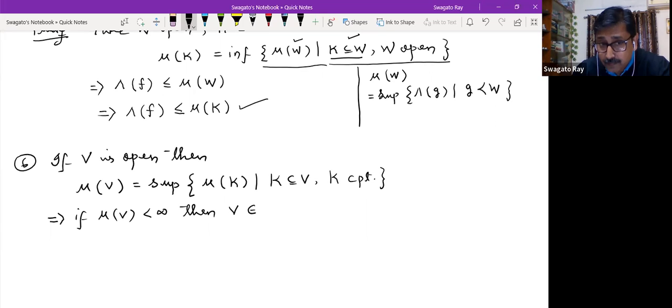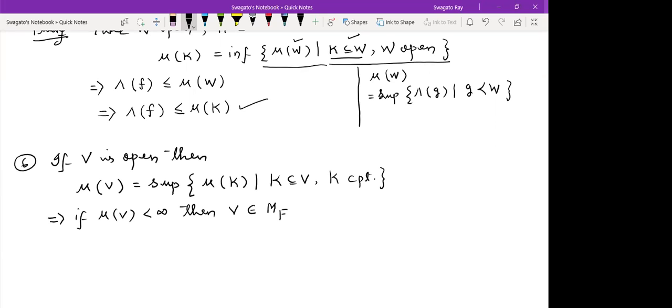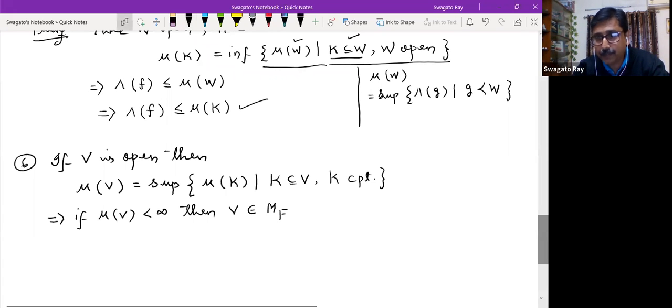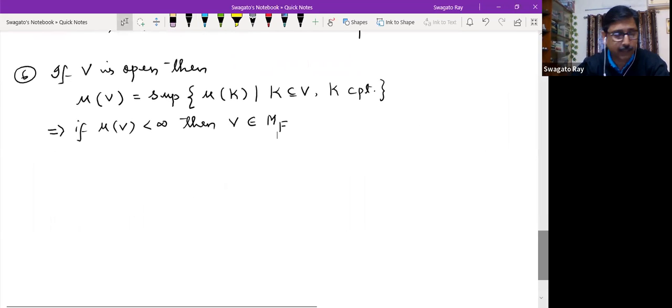Yes, MF. V belongs to MF. That means MF is getting larger and larger. I have already shown that closed sets are in MF. Now I'm saying any open set with finite measure is also in MF. That is one. And it's a two-way sword actually. It also tells me that every open set is inner regular, which is something I would like to have, because that is there in the statement.